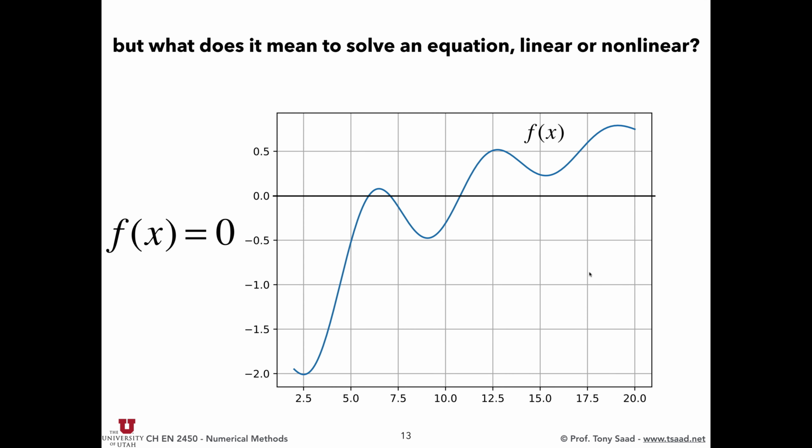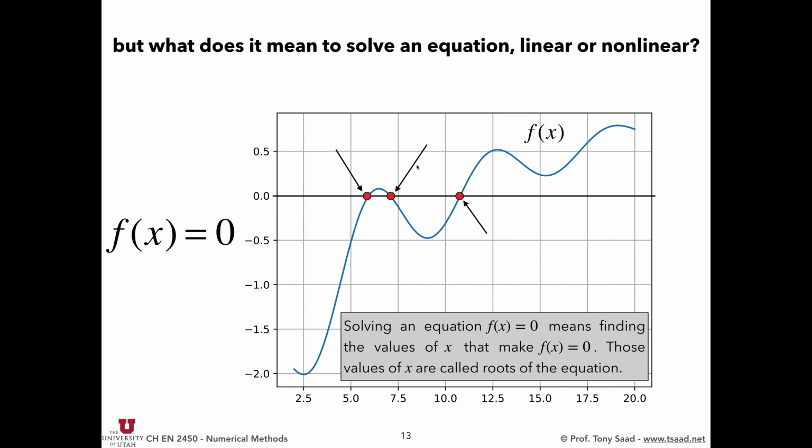Well, first let me draw a line on the y equals 0 line. So the y value equals 0 along the entire x-axis. You see this black line over here. Saying f of x equals 0 means finding these points where f of x intersects the line y equals 0. And we have 3 points over here.